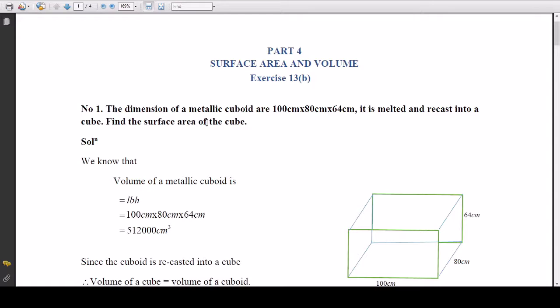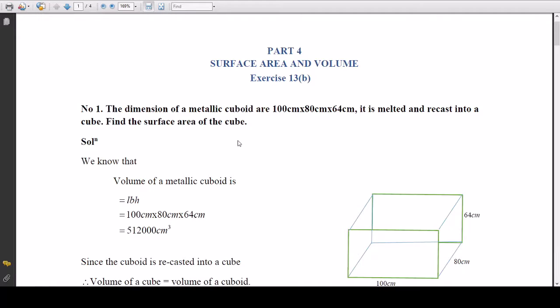To get the value of a, the side of the cube, we have to find out first the volume of the cuboid, which should be equal to the volume of the cube. Why? Because it has been melted and recast into a cube. That means the volume of the cuboid should be equal to the volume of the cube.